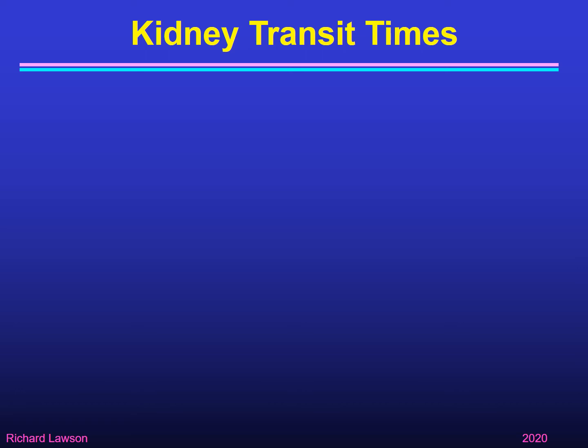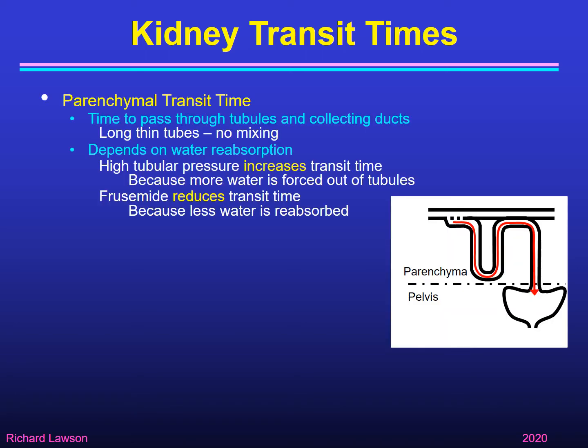So when we need to look at some kidney transit times, we need to first of all think about the parenchymal transit time. That's the time to pass through the tubules, down through the distal tubule, and down the collecting duct through the parenchyma, which is where the tubules are located. Now, these are long, thin tubes, so there's really no mixing. The time it takes for a molecule of radiopharmaceutical purely depends on how much water is passing through, so it depends on the water reabsorption.